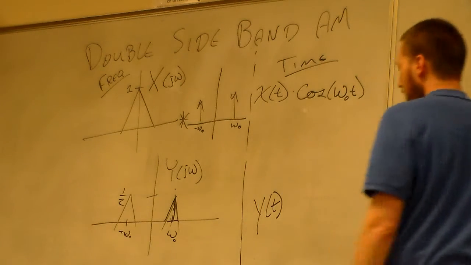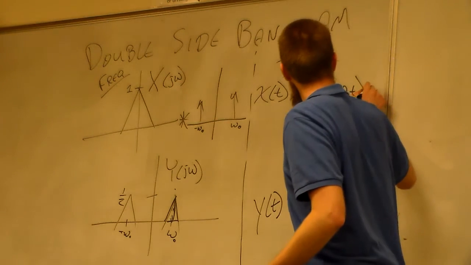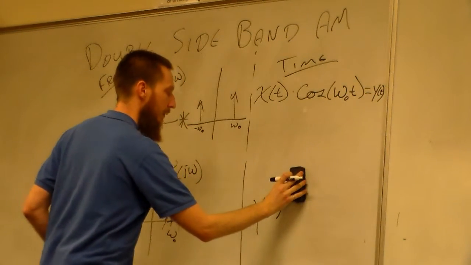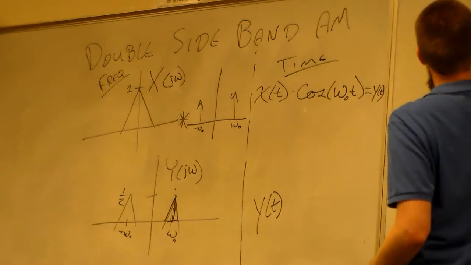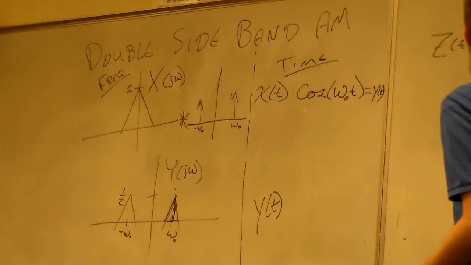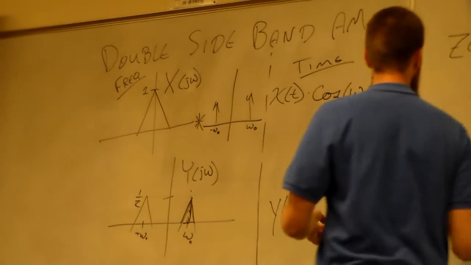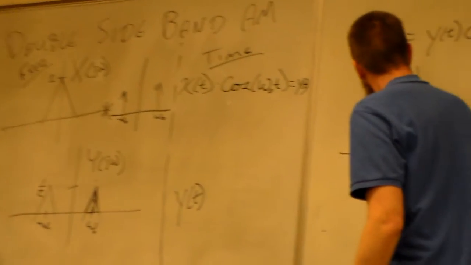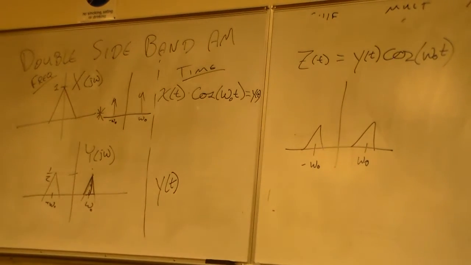So now we want to make a new equation that we're going to call z of t, which is going to be equal to y of t times cosine omega naught t. What happens with this one? So this is going to be the convolution of this guy with what?